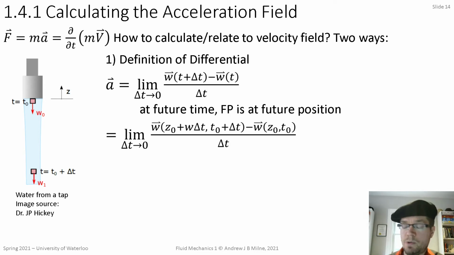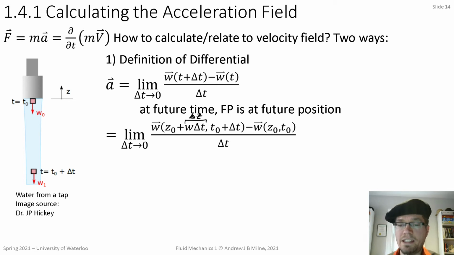What we do need to expand now, though, is what is the velocity at z plus delta z and t plus delta t? So I will write in here that this is delta z, just so that we have it in writing.